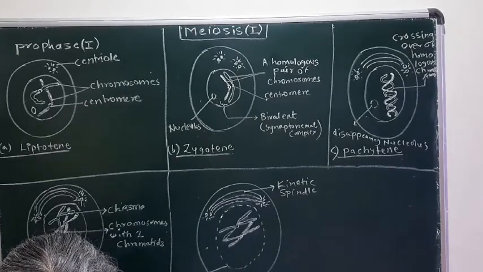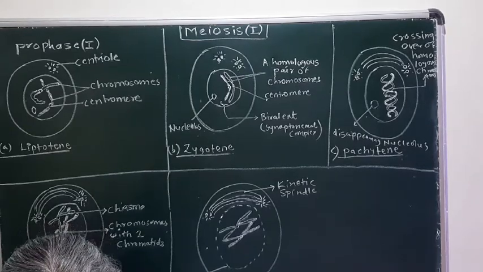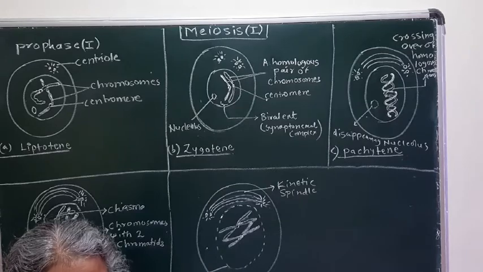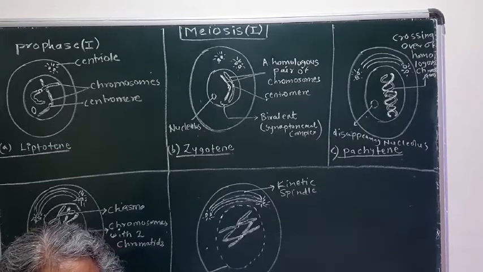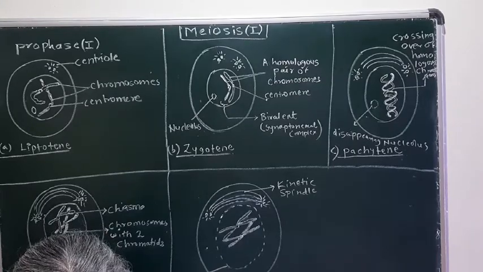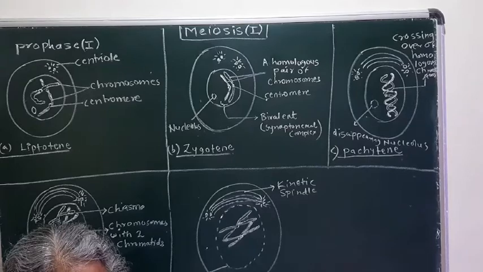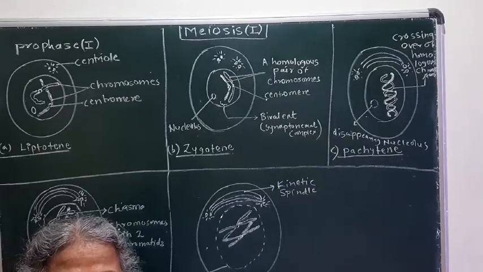Are the gametes diploid or haploid? Definitely the gametes are haploid. Why? Because these gametes are formed from the zygote, which is diploid, and that zygote undergoes reduction division, which gives rise to gametes having n chromosomes, that is one set of chromosomes.